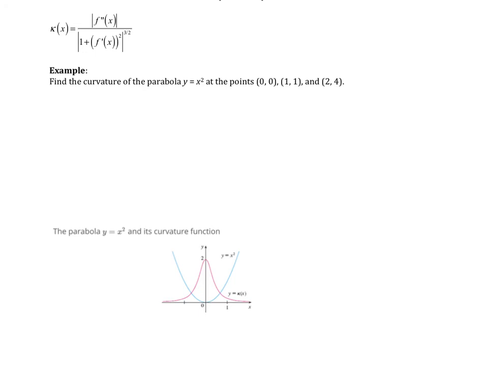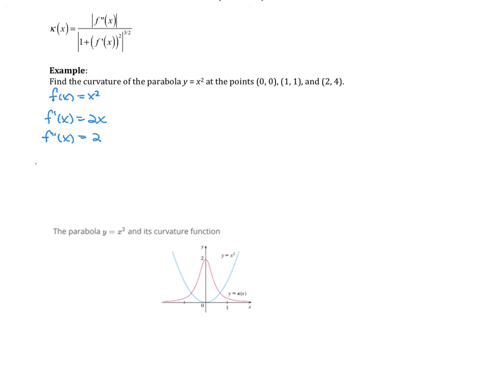So the first thing we want to do, if we're going to use the new formula that we have, is knowing that our function is f of x equals x squared, which means when we take the derivative, we get 2x, and the second derivative is 2. Well, actually, we have everything we need.